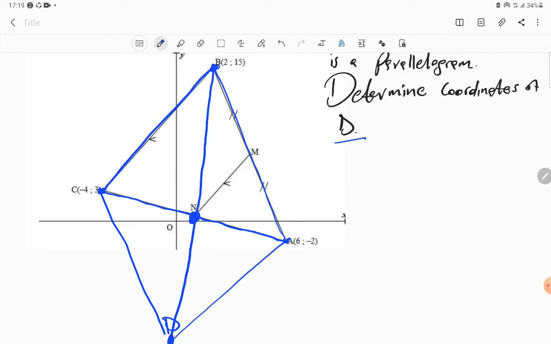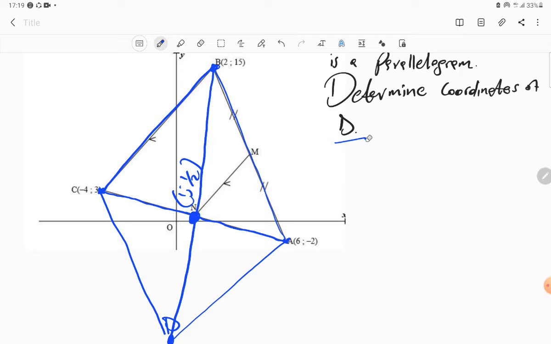So N is the midpoint of this diagonal BD, and we already have the coordinates of N, given as (1, 1/2). These are the coordinates of the midpoint. If you have the midpoint and one point on the line, you can easily find the other point.